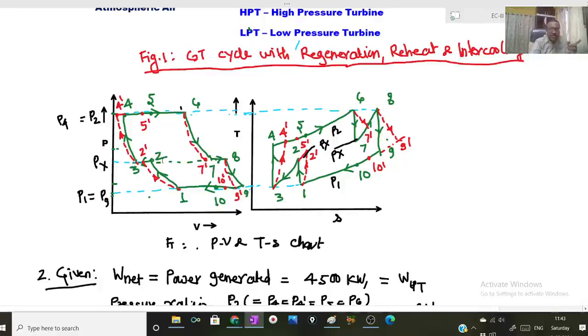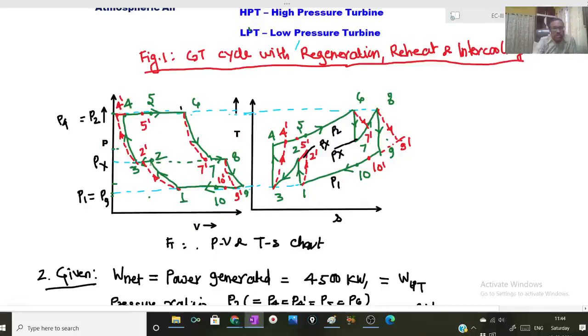That means Px over P1 is equal to P2 by Px. Now what is happening in this process? If input temperature is same, T3 equal to T1, and pressure ratio is same, T4 is also going to be equal to T2.